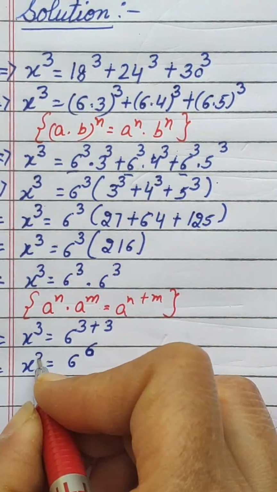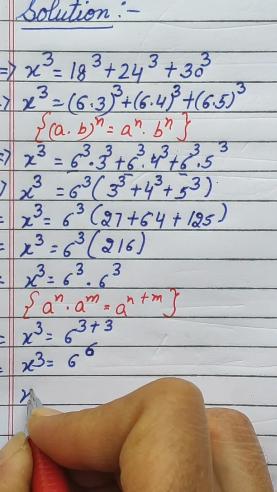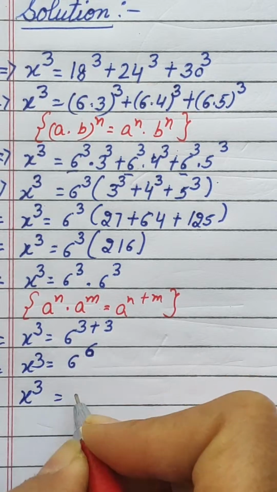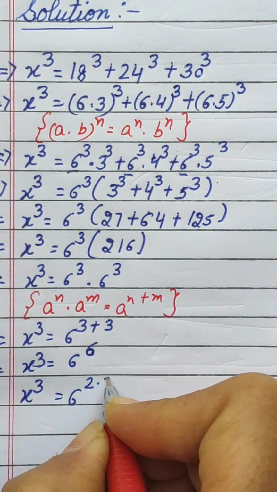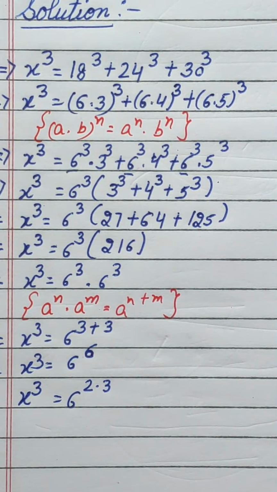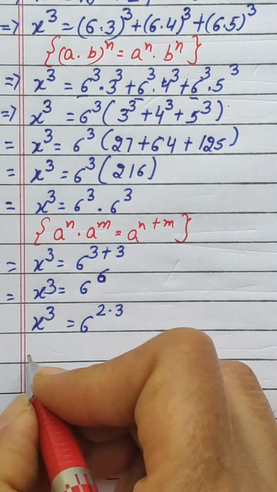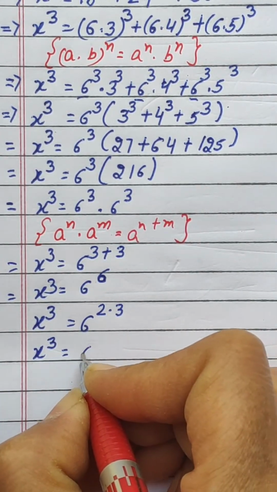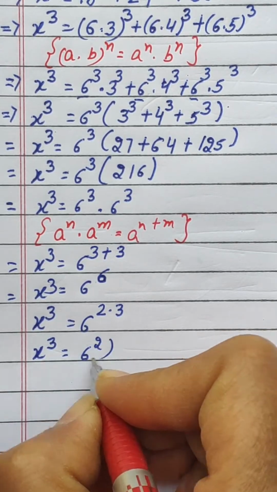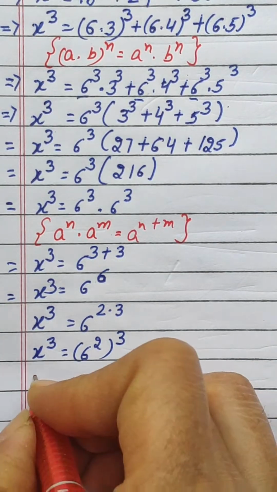So we can divide this. x raised to the power 3 is equal to 6, 2 into 3 is 6. So x raised to the power 3 is equal to 6 to the power 2, and the whole power is 3. Why we use this?